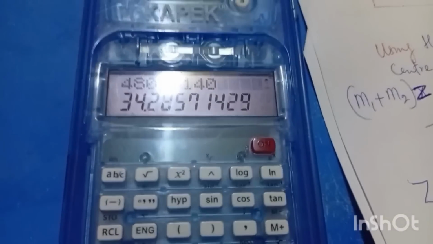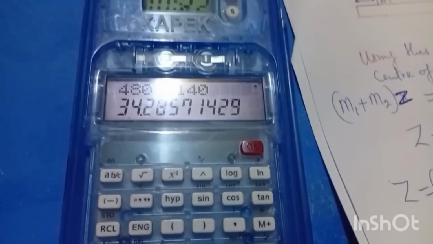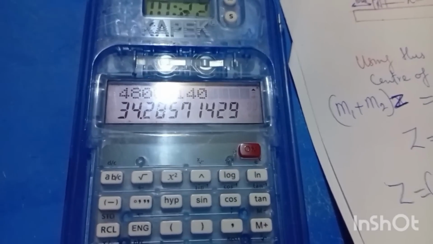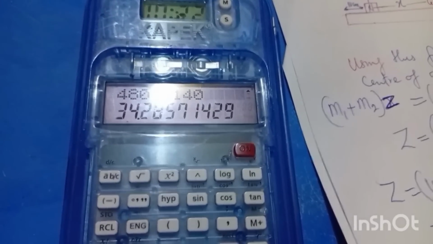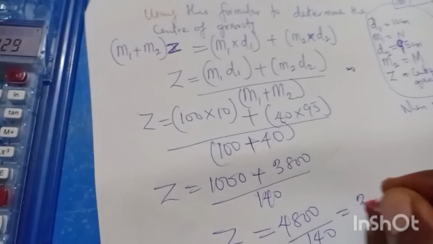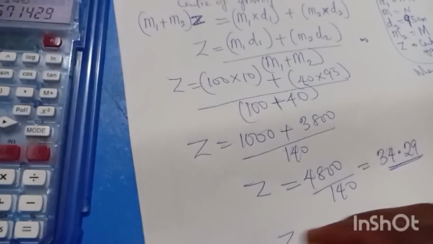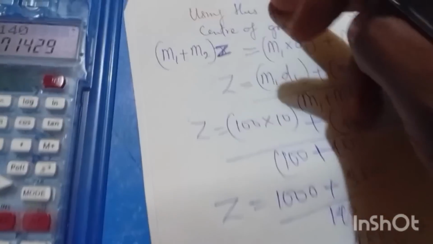I have 34.285. Let me say 34.3, or let me use two decimal places, 34.29. That is my z, the center of gravity.